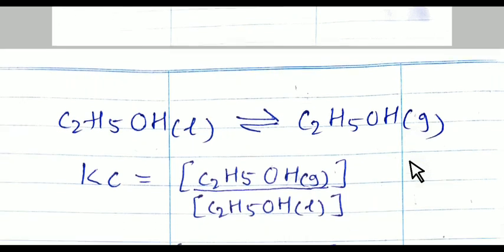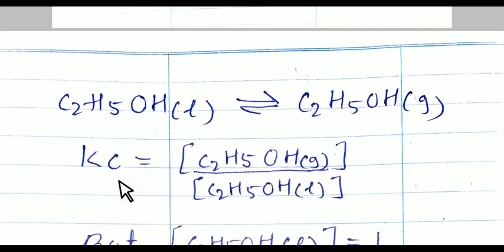Whenever we write the formula for Kc, the concentration of product means C2H5OH, ethanol. Ethanol is also known as ethyl alcohol. So for this heterogeneous reversible reaction, Kc is equal to the concentration of product upon reactant. Gaseous phase in the product and liquid phase in the reactant.